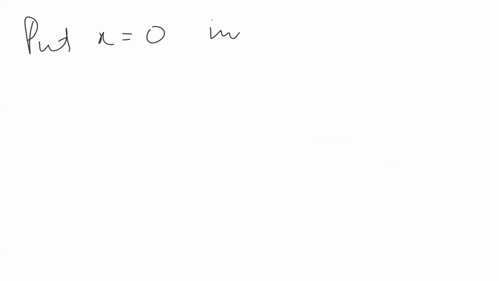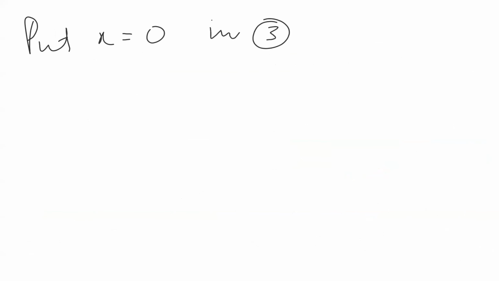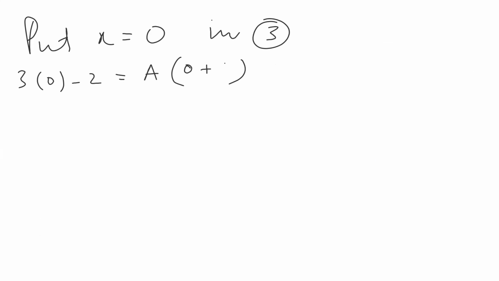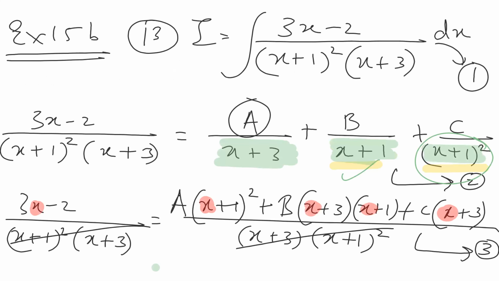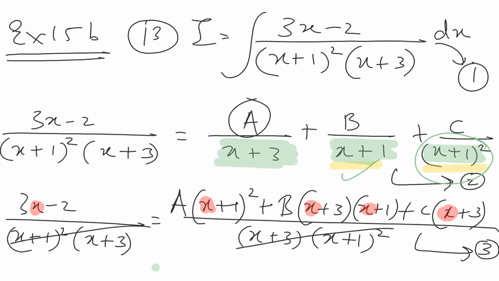Put x is equal to 0 in equation number 3. So 3 into 0 minus 2, a into (0 plus 1) the whole square, plus b into (0 plus 3)(0 plus 1), plus c into (0 plus 3).